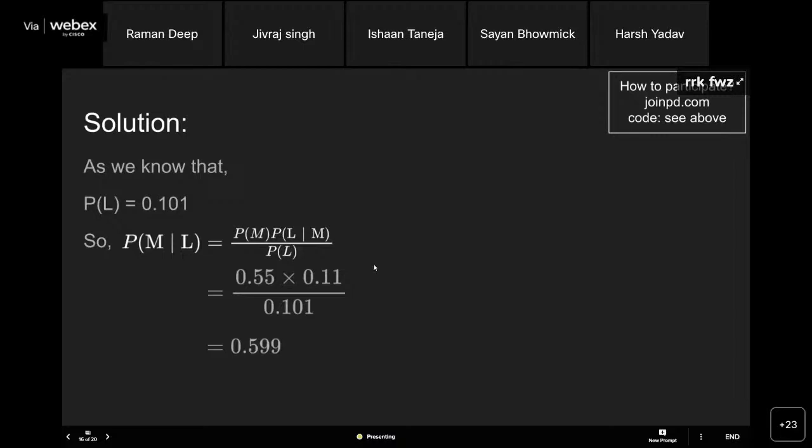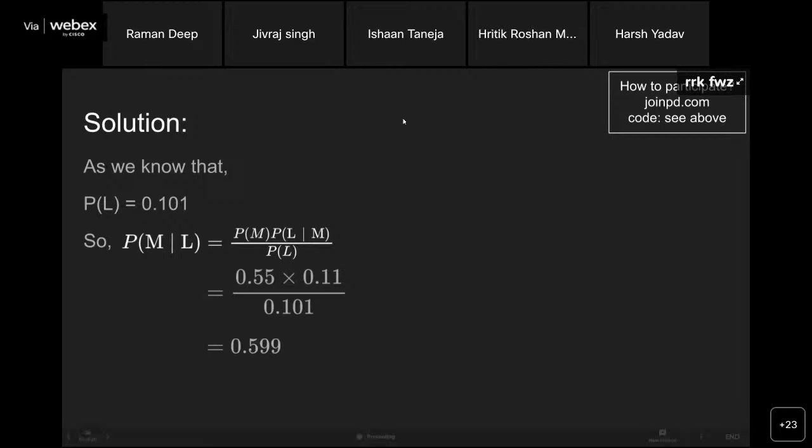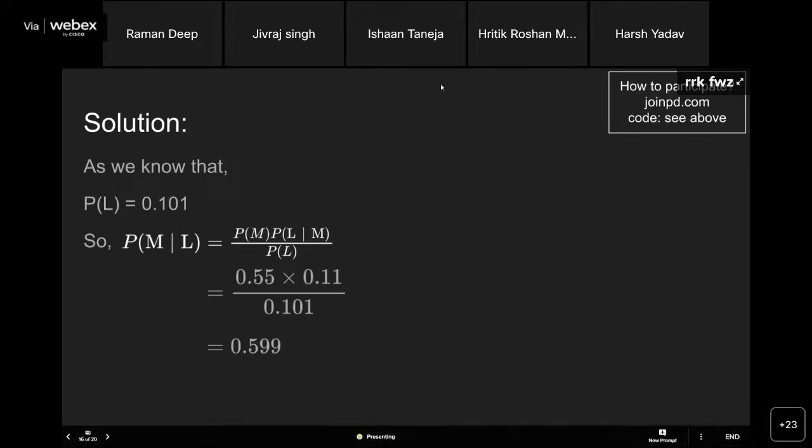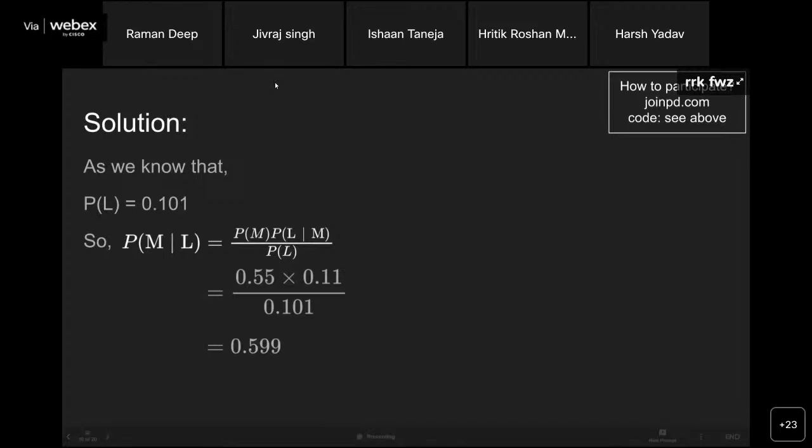Any doubt in this? Anyone? Sir, I could not understand Bayes theorem clearly. Could we solve all questions without Bayes theorem? Bayes theorem is used in this question, but we haven't specified that Bayes theorem is being used, right? We simply solved it as conditional probability. Means what I am saying is that I could not understand Bayes theorem clearly.